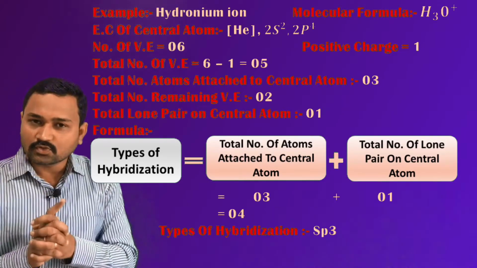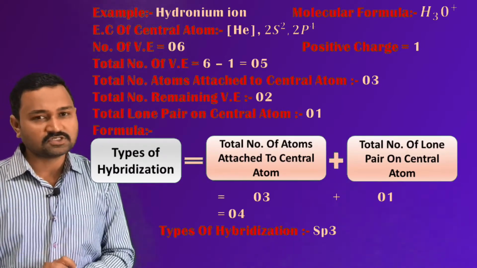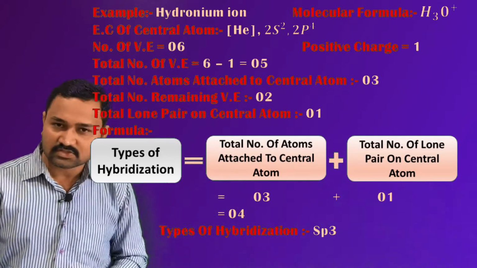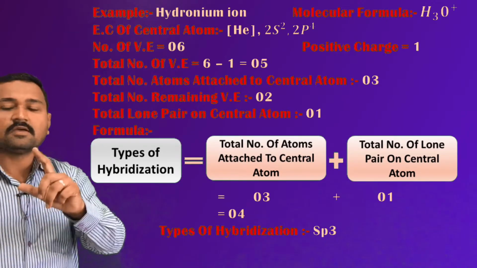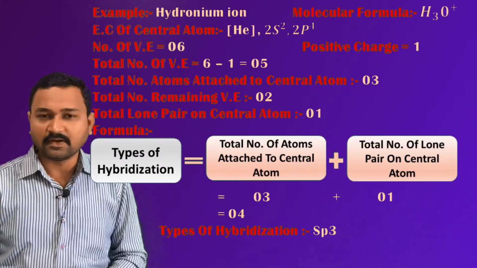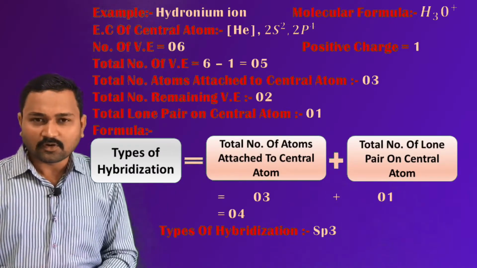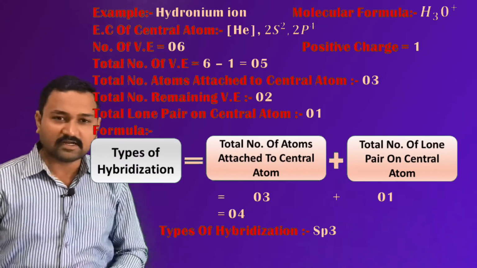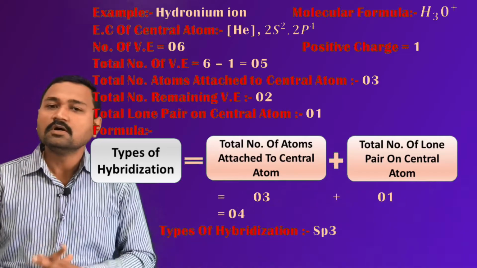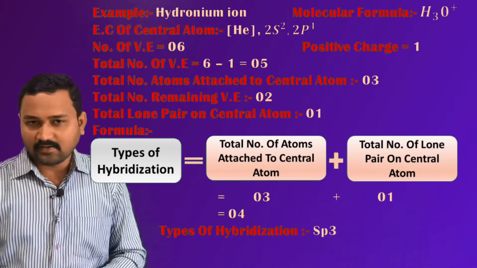Therefore, the total valence electrons of the oxygen atom will be 6 minus 1, which equals 5. This is the important key point you must remember. Again, consider the total number of atoms attached to our central atom. Here 3 hydrogen atoms are attached, therefore I have shown the number 3.